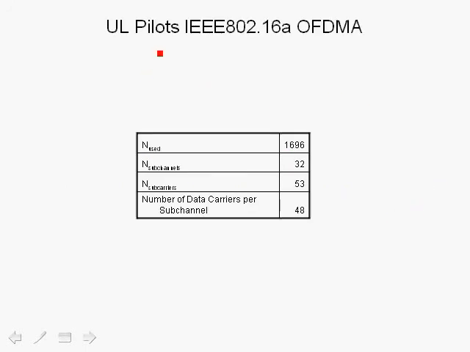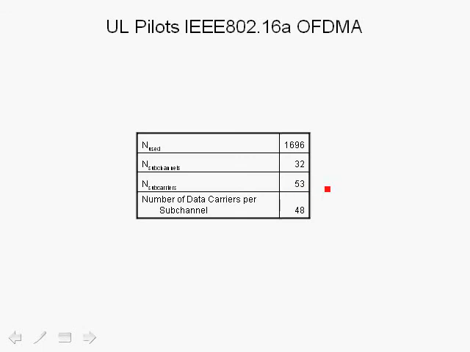So before we get into the uplink subframe and the data burst from the multiple subscriber stations back to the base station, first of all, we'll note that for the uplink subframe, we have 1,696 used carriers. We have 32 subchannels. Each subchannel contains 53 subcarriers.